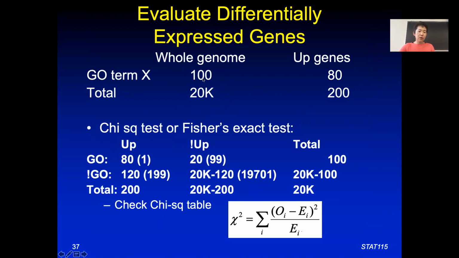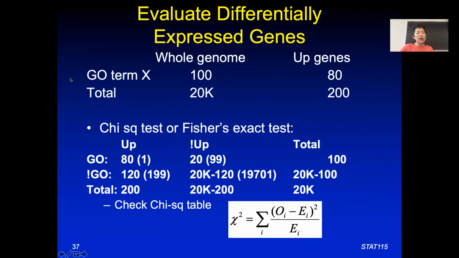But if you look at a specific gene ontology term, out of this whole genome, only 100 genes are annotated with this GO term. But out of the 200 differential or upregulated genes, 80 contain this GO term. You can imagine the genes assigned to that gene ontology term are highly enriched for whatever this GO term is, that pathway or that function, right?